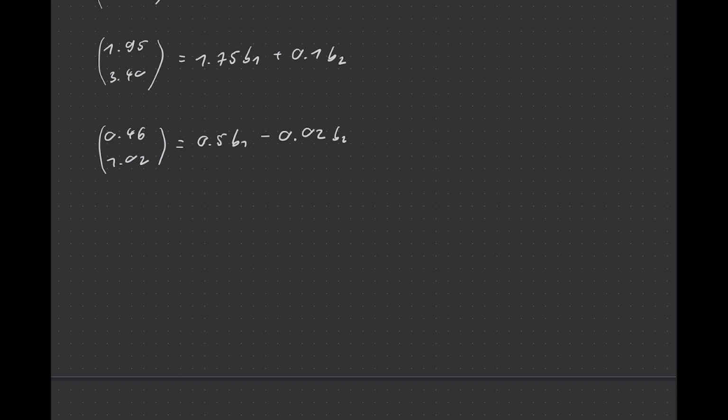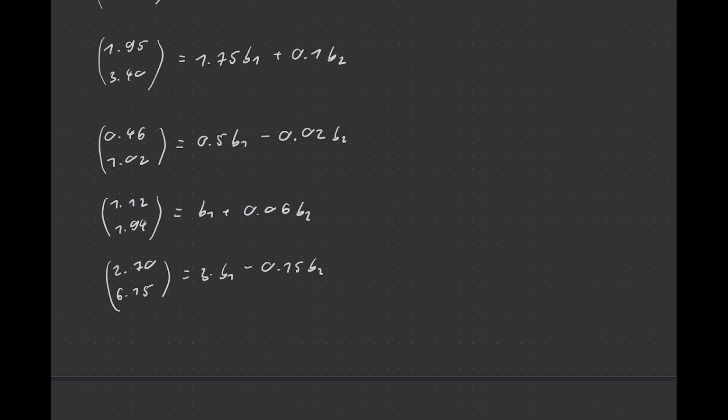Then we have (1.12, 1.94). That can be written as B1 plus 0.06 B2. We have (2.7, 6.15). That is 3 times B1 minus 0.15 B2. And finally, (1.3, 2.1). That is 1.1 B1 plus 0.1 B2.